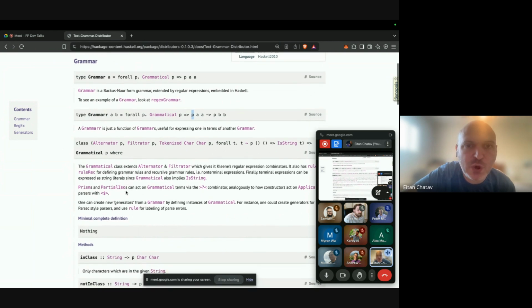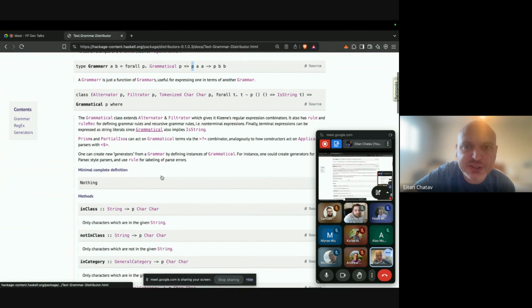Okay, so what is this Grammatical class that we're defining grammars in terms of? It's extending our already defined classes, Alternator, Filtrator, and Tokenized over characters, and also that we have IsString for terminals.